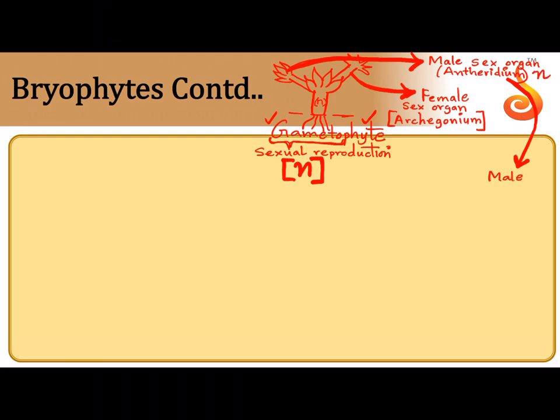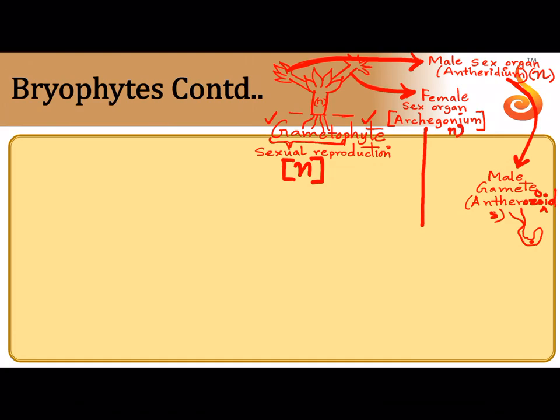Now obviously the antheridium is also haploid, so you can imagine how the gamete is produced. The gamete is produced by mitosis. So the male gamete, the name given to the male gamete is antherozoids. They are generally twisted like this and they are biflagellate. Okay, so antherozoids are obtained, and the female one, again remember, the archegonium or the female sex organ, is also haploid, so it produces a female gamete.